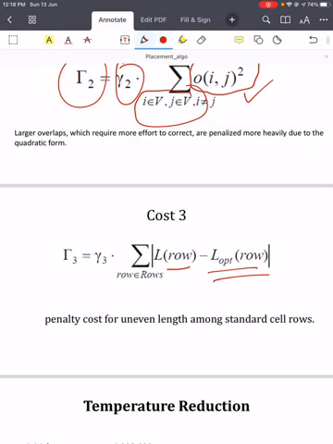Gamma 3 is defined as the sum of the row length deviations from all the rows. This is the way cost 3 has been defined. It is a penalty for row inequality in standard cell based design, and this gamma 3 is again the priority weight of cost 3.